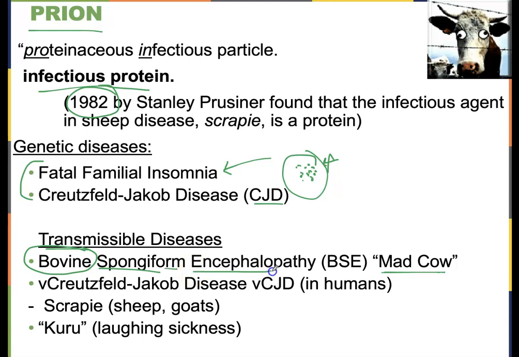And encephalopathy, encephalo is referring to the brain. Pathy is a disease. But notice it's not encephalitis. There's also a term encephalitis, and that's for the swelling of different things. If you have itis, it's just a swelling or edema of that area.